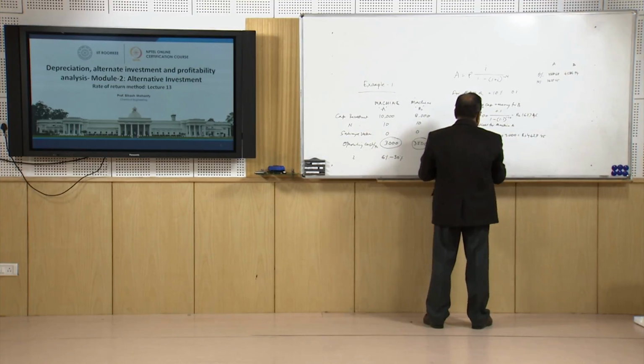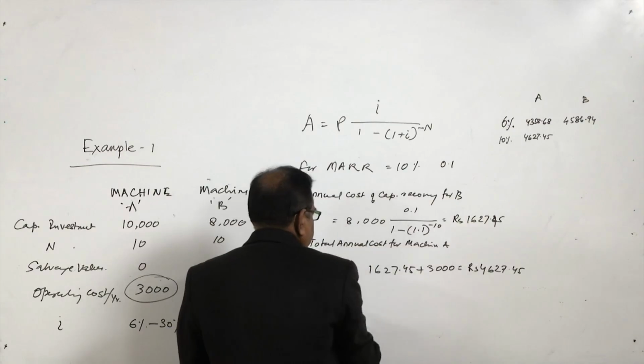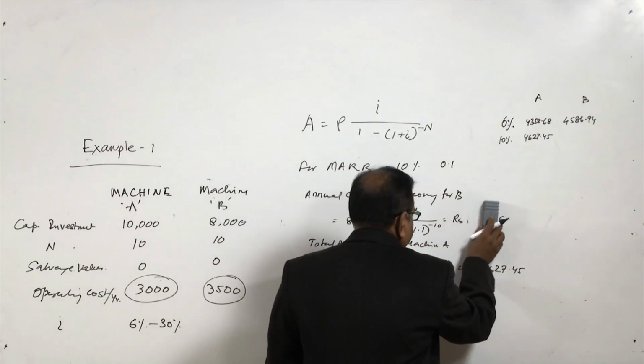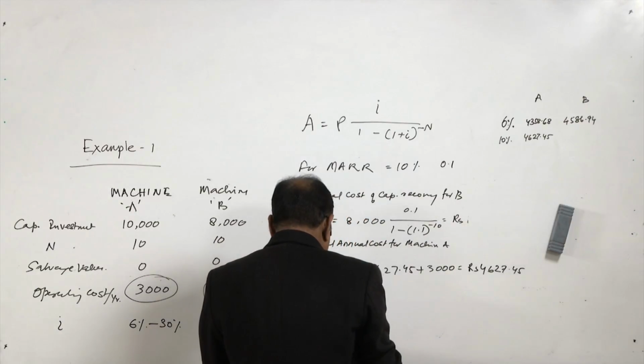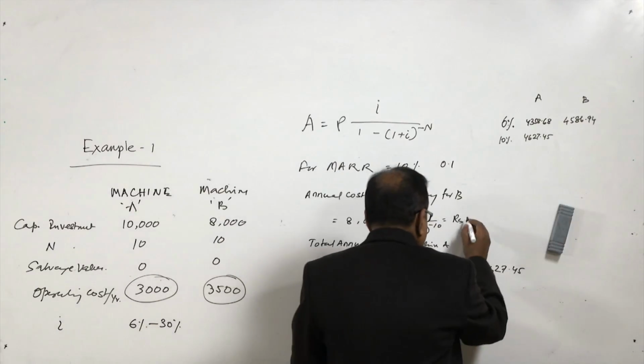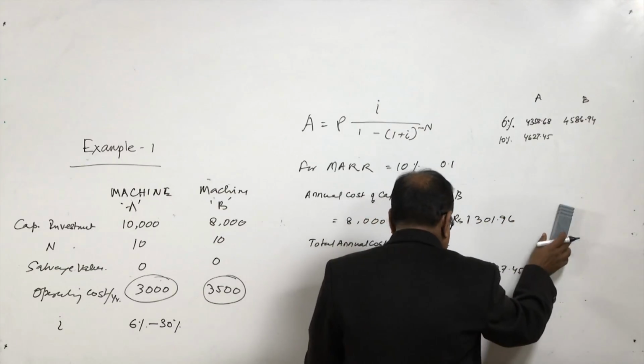For B machine, this will be 8000, and this value is 1301.96.